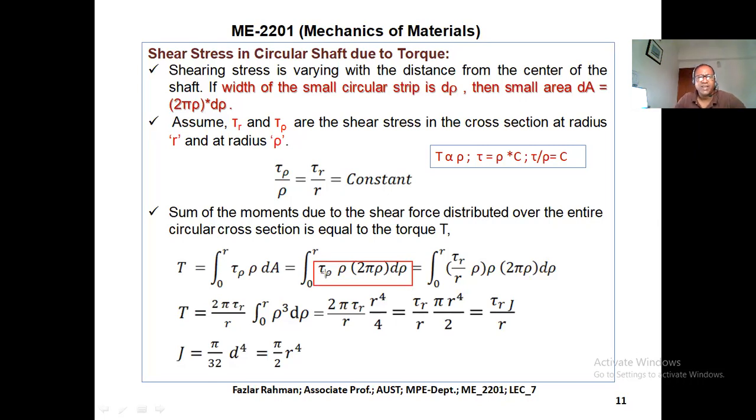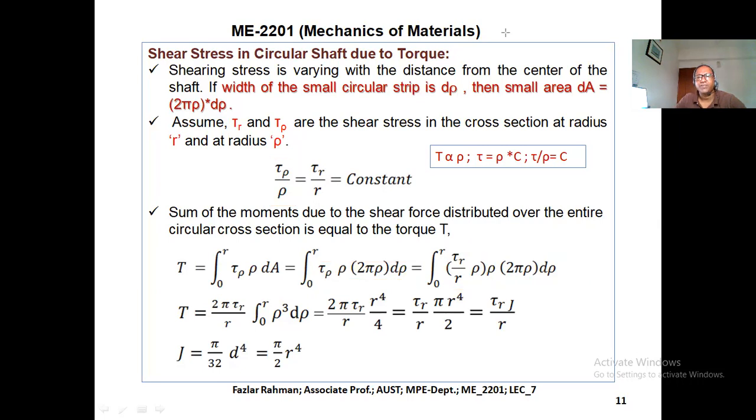You see this tau rho. The maximum is at the outer fiber. So I need to take out the tau rho. Tau rho equals tau r into rho divided by r, right? That we put over here, and this part remains the same.